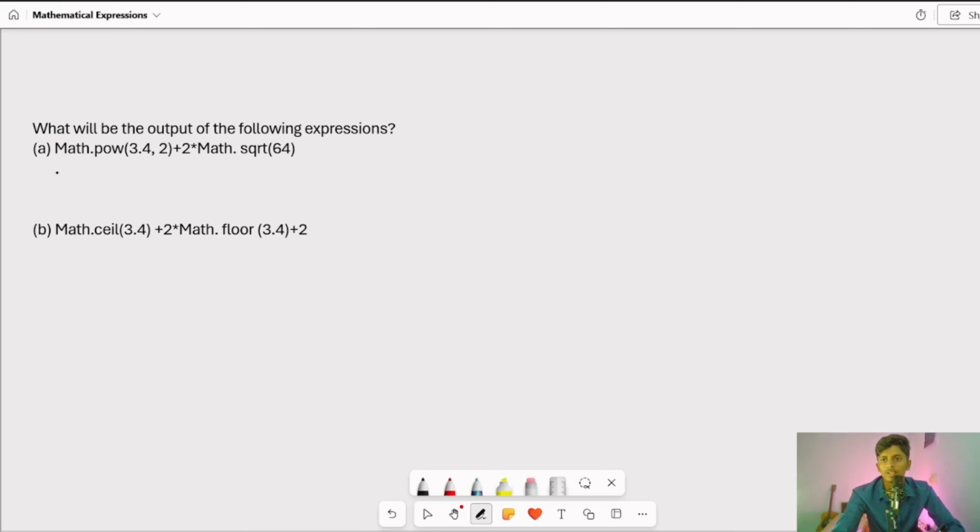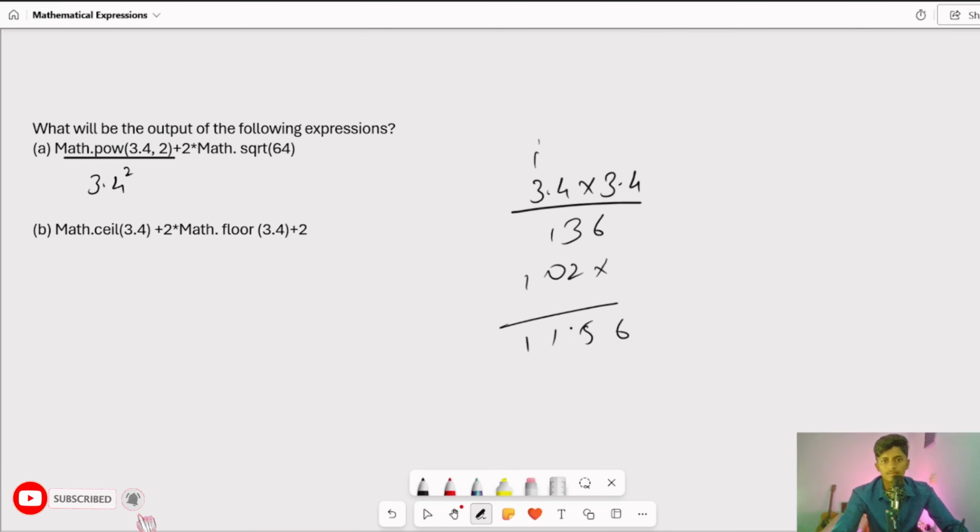Next question, we'll solve this. Math.pow of 3.4 comma 2. So how to write this? 3.4 power 2. So we'll solve this first. 3.4 into 3.4 is 11.56, plus 2 into square root of 64.